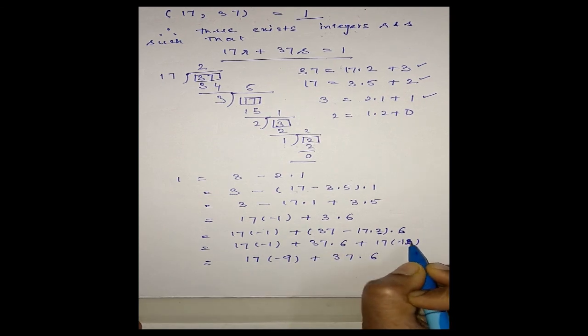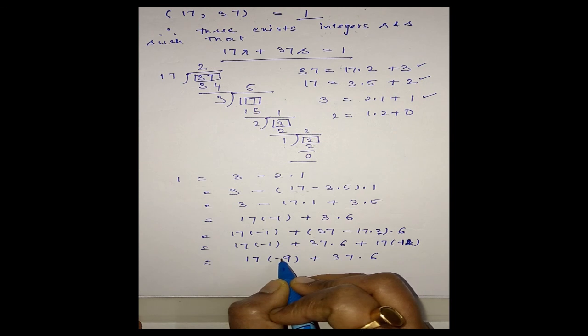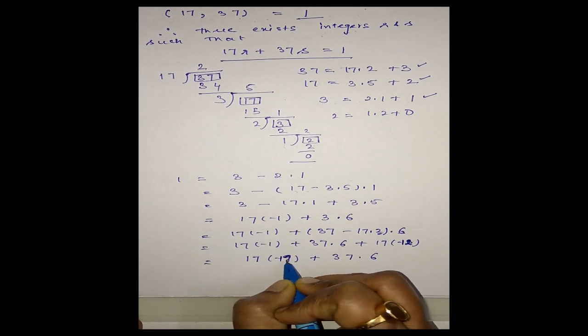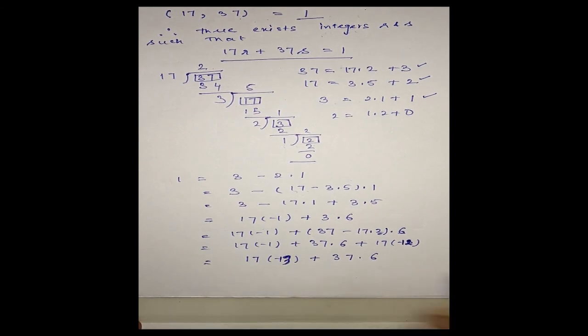Sorry, by mistake, this is 12, not 8, and here we have 13, not 9. Okay, plus 37 into 6.